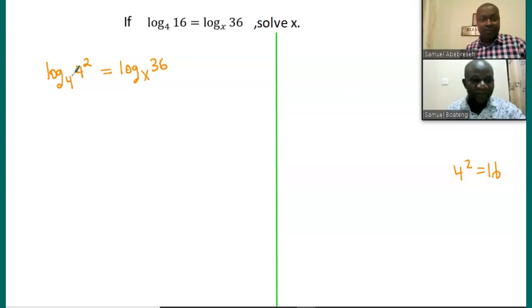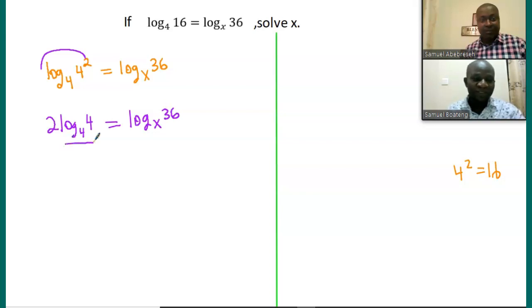By applying the laws of logarithm, you can bring the 2 in front of the log: 2 log 4 to the base 4 is equal to log to the base x of 36.